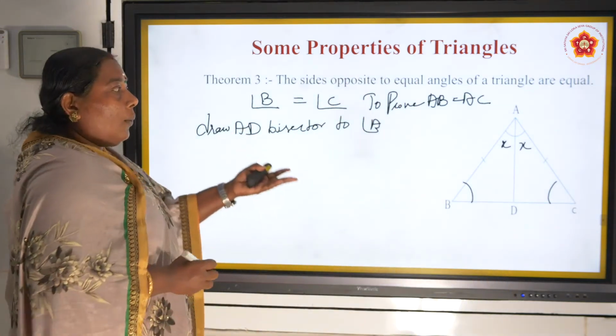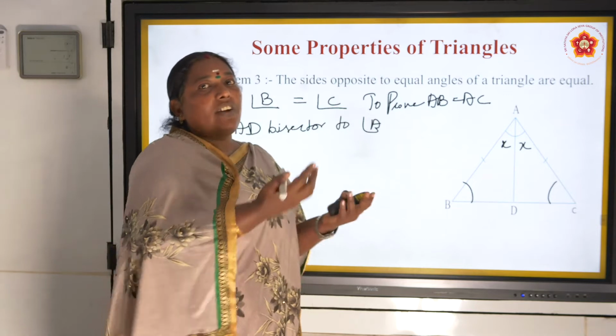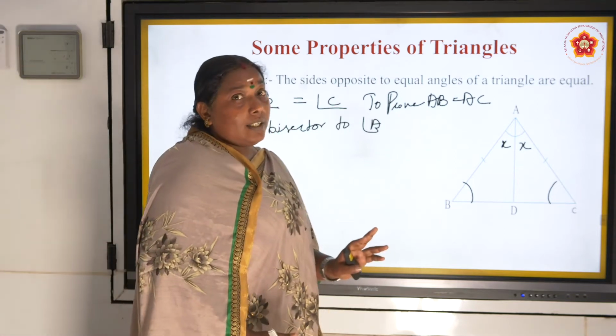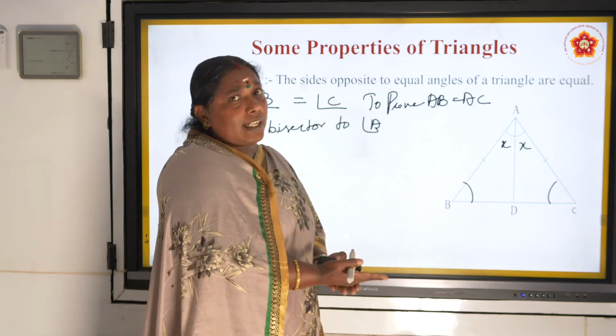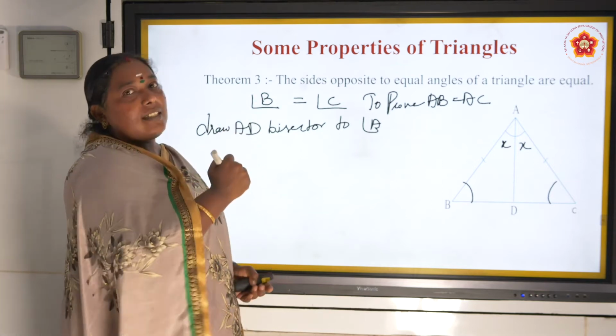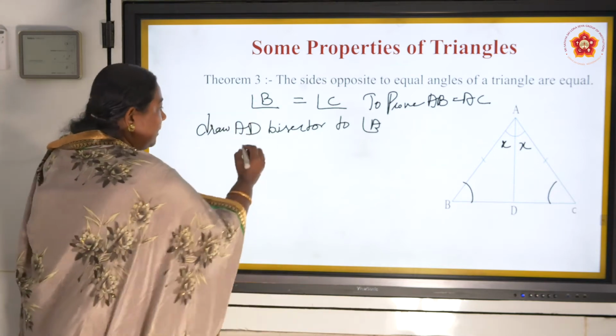Okay? So now I have two triangles. If I have two triangles, I can easily prove that the two triangles are congruent. If I prove that two triangles are congruent, my helper CPCT will come and tell that both the sides are equal. Let us do that.